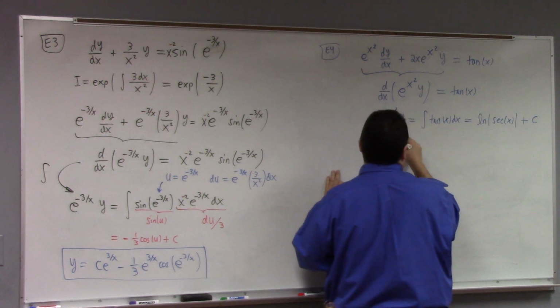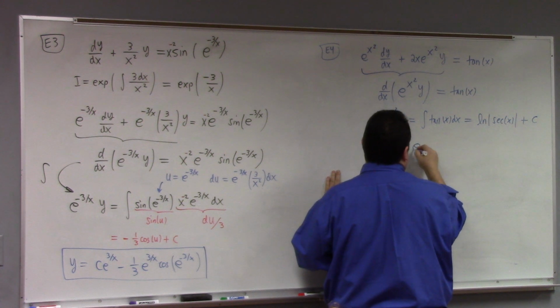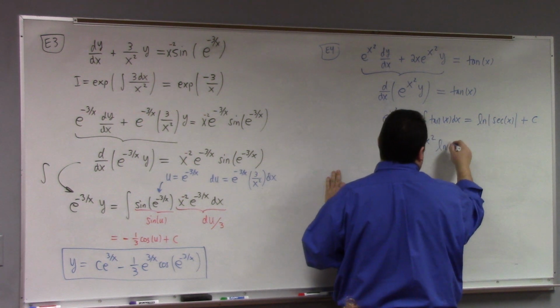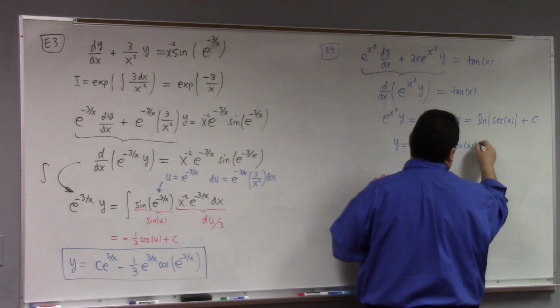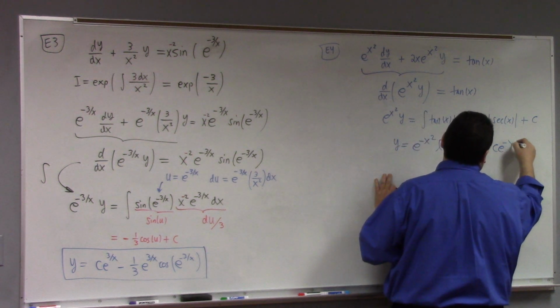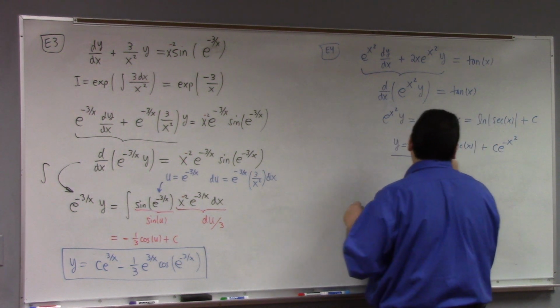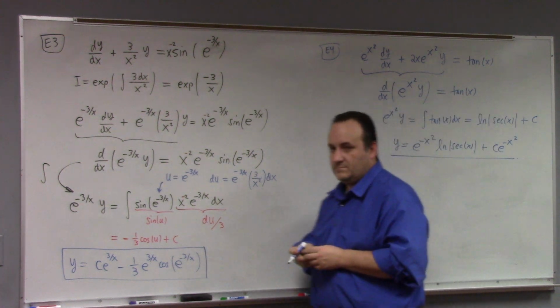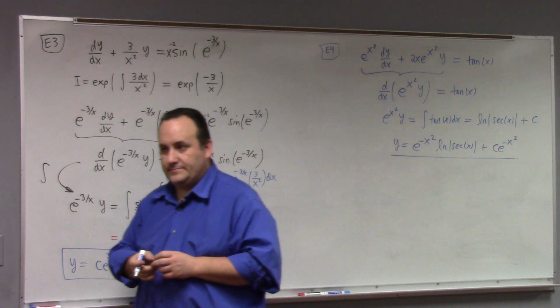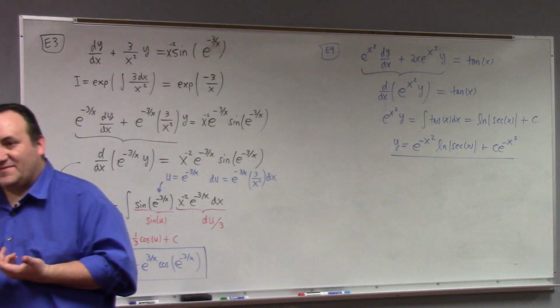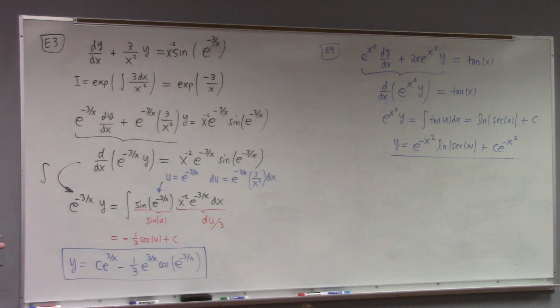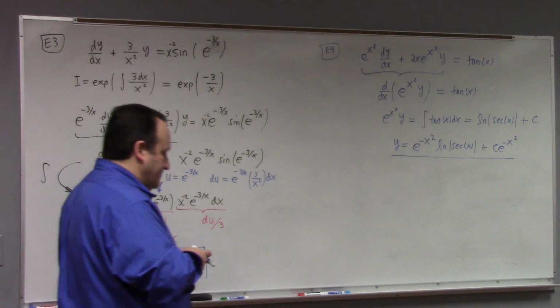So your answer is y equals e to the minus x squared times log of the absolute value of secant plus c e to the minus x squared. It's a lot more work to come up with problems that start you at the proper starting point, and then you go through it like my example 3. But he has, if I remember right, about 10 of these in Stewart. All right, moving on.